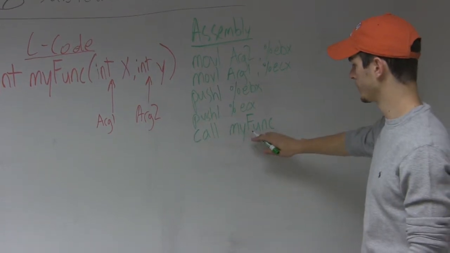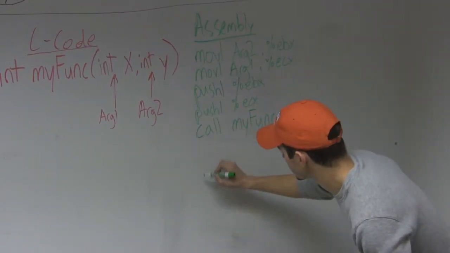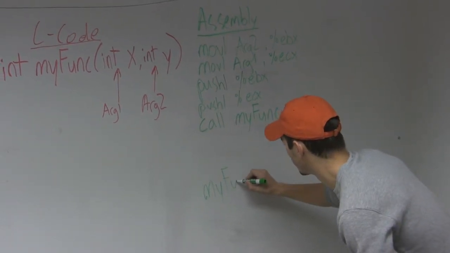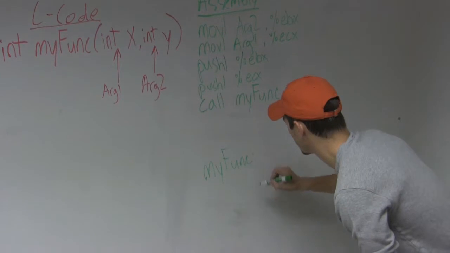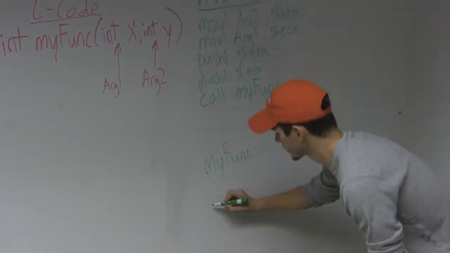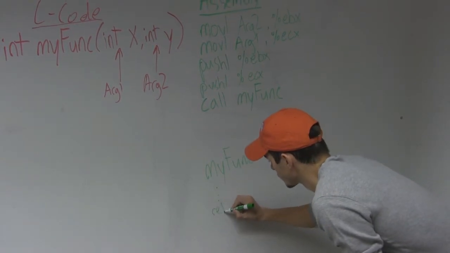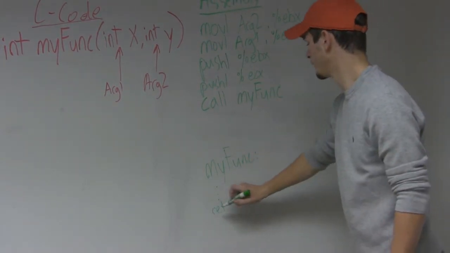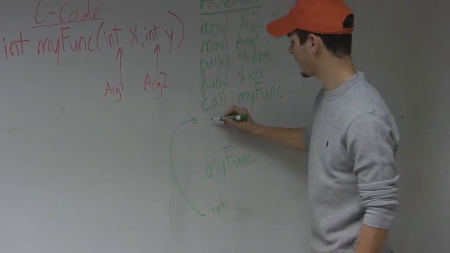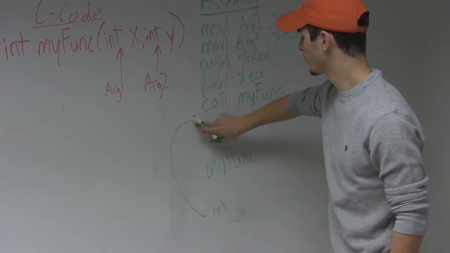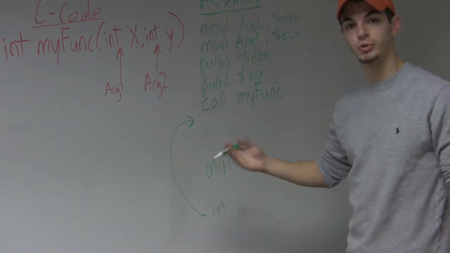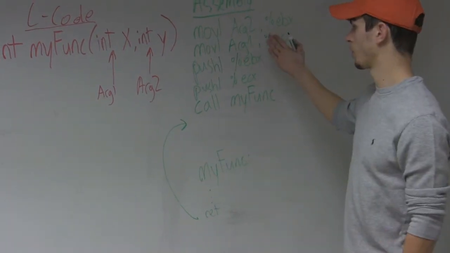So now at this point, the code will jump down to the myfunc label. And it'll execute whatever is within the function, and then once the function is returned, it'll jump back up here, and at this point, we need to add to the stack pointer in order to restore the space used up by our two arguments.